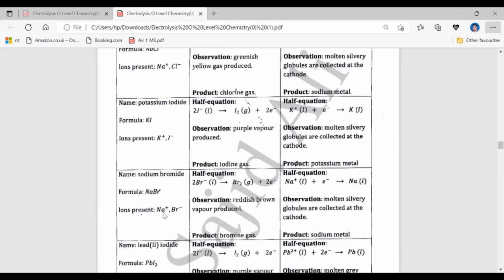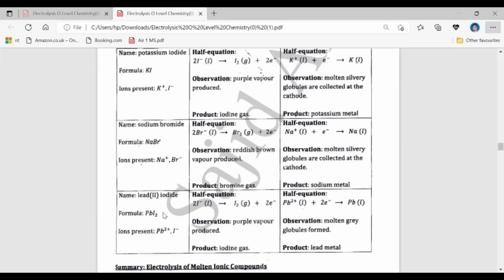Again, you will observe reddish brown or brown fumes given off at the anode due to formation of bromine gas, whereas at the cathode, sodium ions gain electrons to make silvery whitish globules of sodium metal formed at the cathode. So sodium metal is the product.